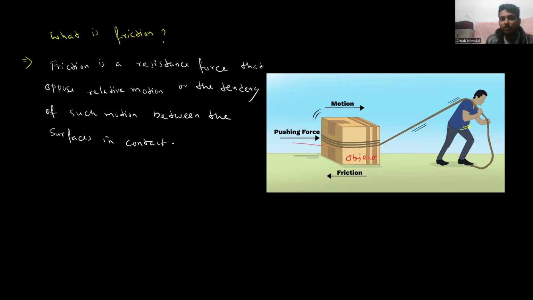The pulling force acts in this direction, and we can divide it into components here and here. The moving direction will be here only. Now the friction will be opposite to the direction of motion, so the frictional force will act towards here. Am I clear? Okay. Now go to the next topic, types of friction.